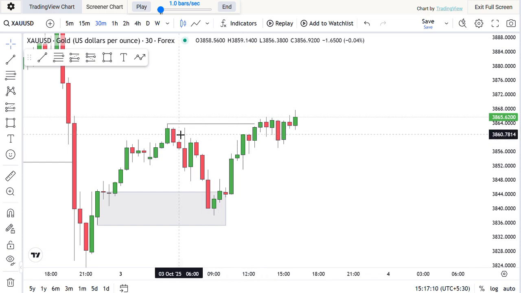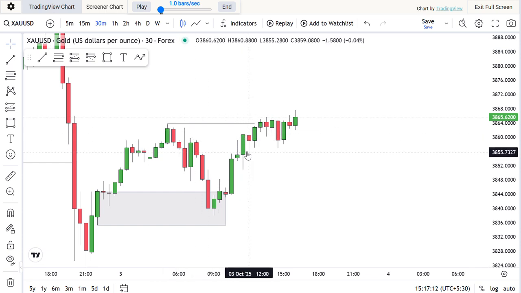Although this one reacted from the same supply, this one came into it, and then this one tapped the one that came into it, and then we went up and swept the high. But now you see that this one has not touched into real demand yet, because we still have a zone here that pushed price.